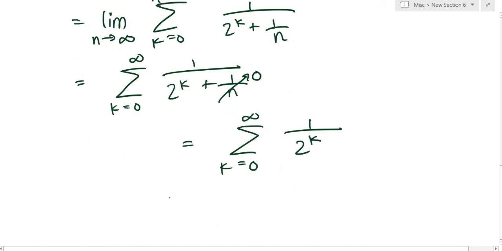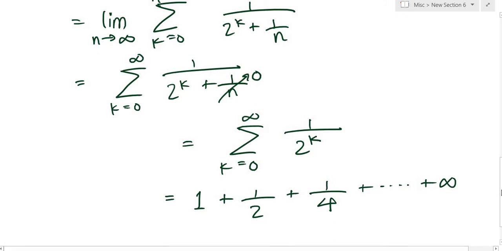Now what does this look like? If you want, I can just write it down. When k is 0, I have 2 to the 0th power, which is 1. So 1 plus, when k is 1, I have 1 over 2, and when k is 2, I have 1 over 4. That goes on till infinity.